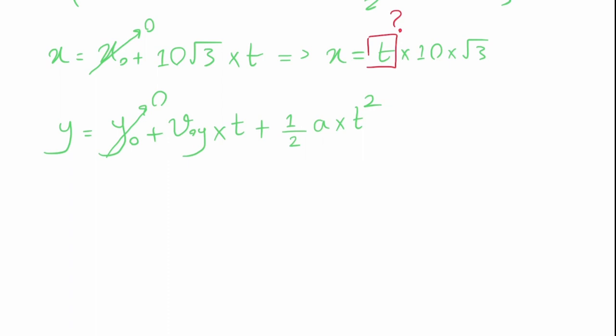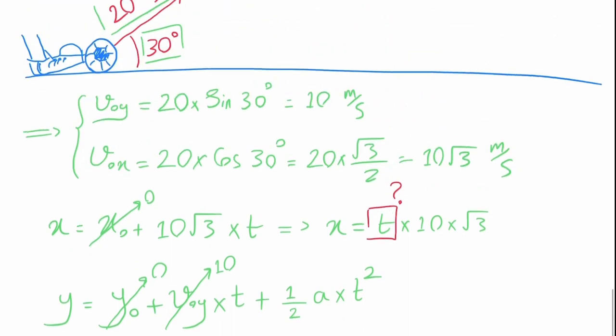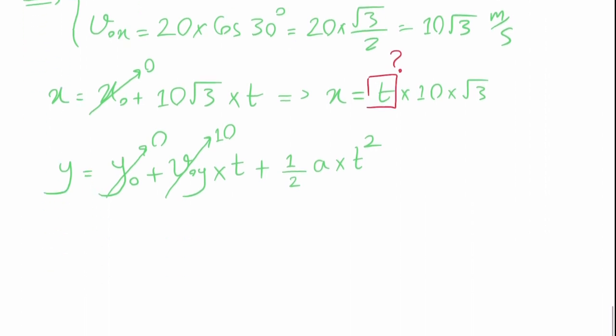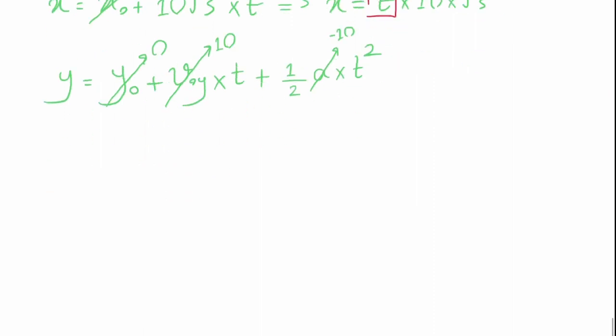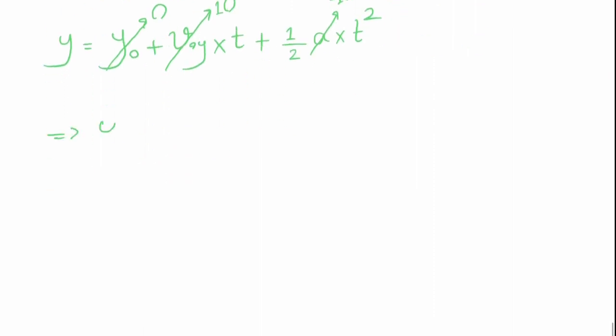We have the initial speed equal to 10 because we're now dealing with the initial speed in the y direction, which is 10 meters per second. And we have a as minus 10, as described in the previous question. So we can rewrite the equation as y equals 10 times t minus 5 times t squared, which again will provide us with two answers.